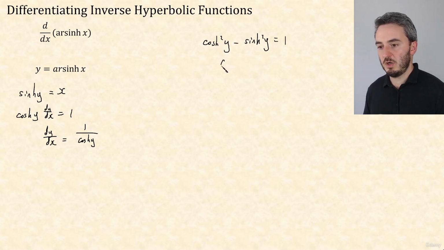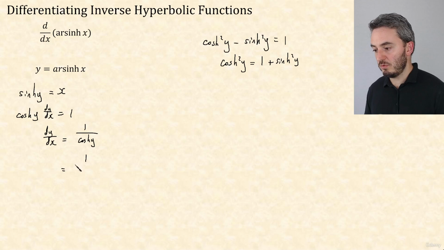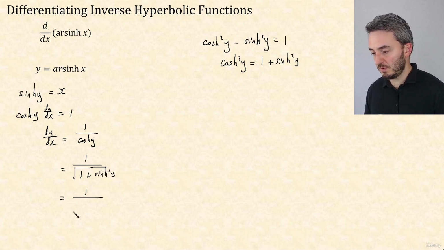And that means that cosh squared y is 1 plus sinh squared y, which means that cosh is the square root of 1 plus sinh squared y, and sinh y is x, and so this is 1 over the square root of 1 plus x squared.